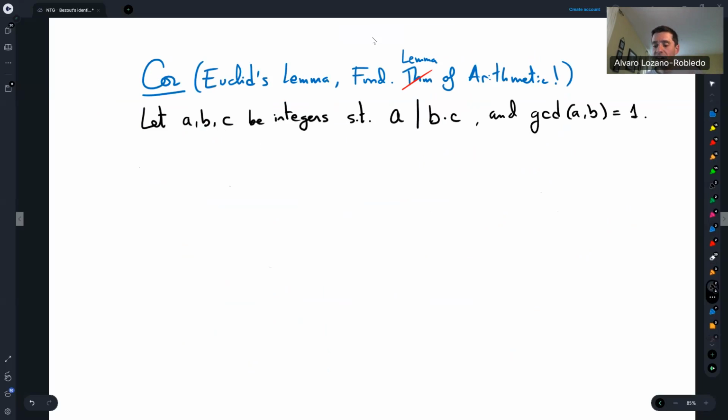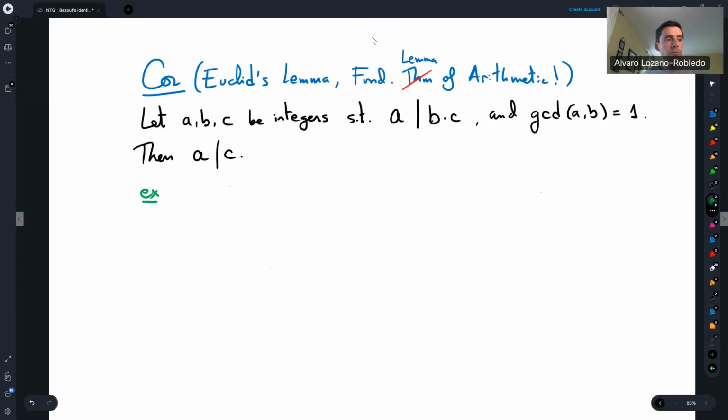So A divides BC, and A and B are relatively prime. Then A divides C. So this says that if I have a number dividing a product, and this number and the first factor are relatively prime, then this number has to divide the second factor. Okay, let's see some examples.